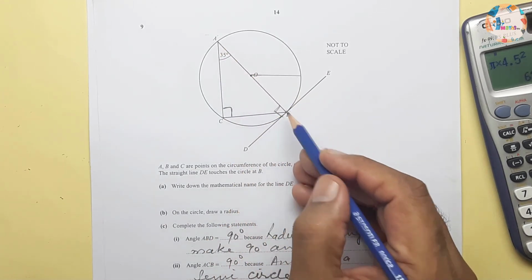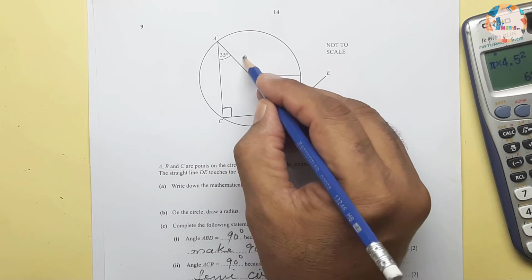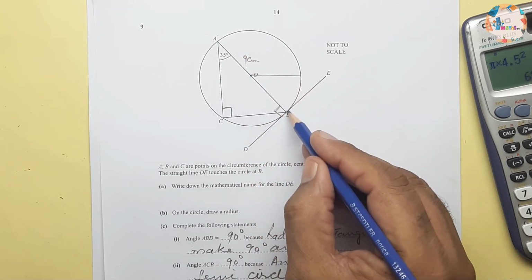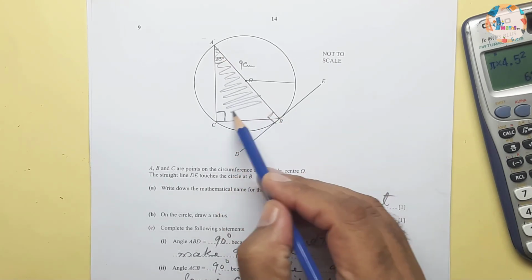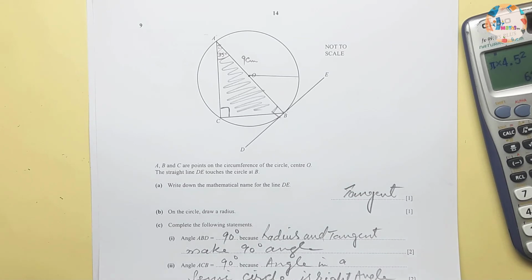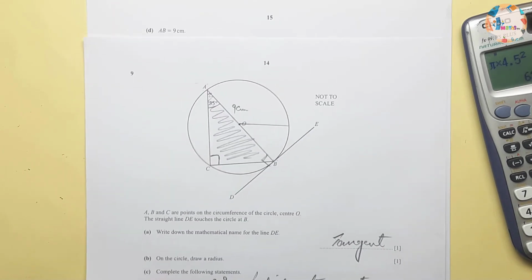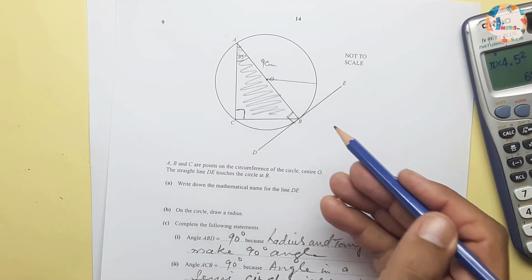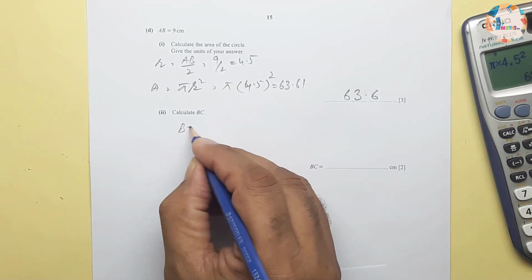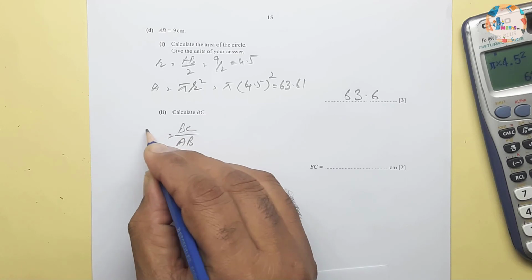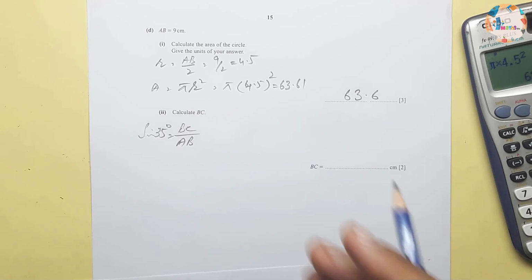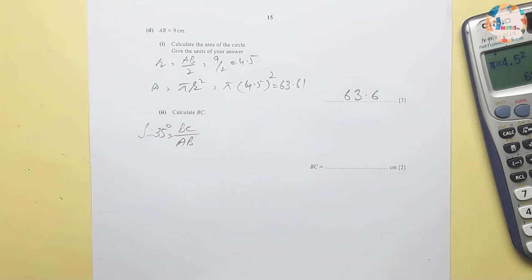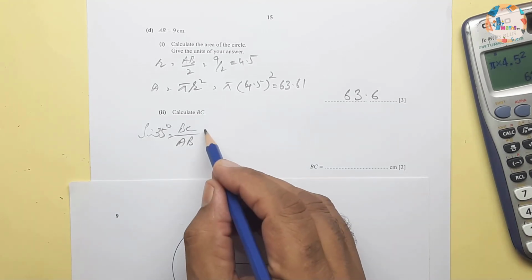Calculate BC. If we refer again to the drawing, BC we have to calculate. AB is given, which is 9 centimeters. We can consider this triangle, and in triangle ABC, BC over AB will be equal to sine of 35 degrees.